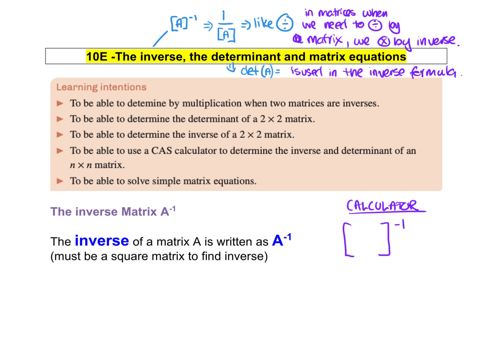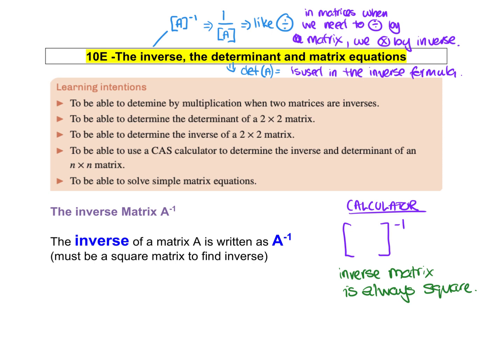Now an inverse matrix will always be square, because you can only raise a square matrix to a power. An inverse matrix is always square. If it's not a square matrix to begin with, you won't be able to get an inverse.